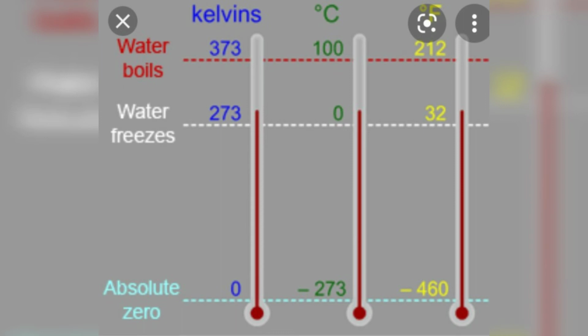Already we discussed, while constructing the Celsius scale and Fahrenheit scale, what we took as the lowest temperature: the freezing point of water, ice temperature, 0 degree Celsius, is taken as the lowest point. But in the Kelvin scale, this scenario is different.